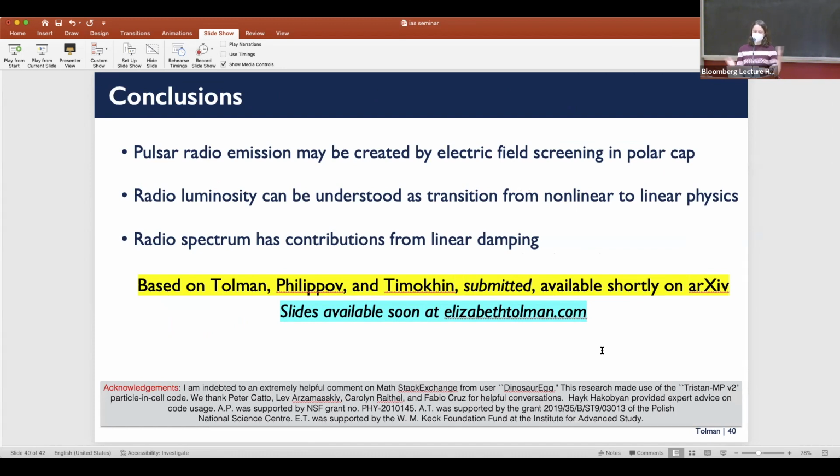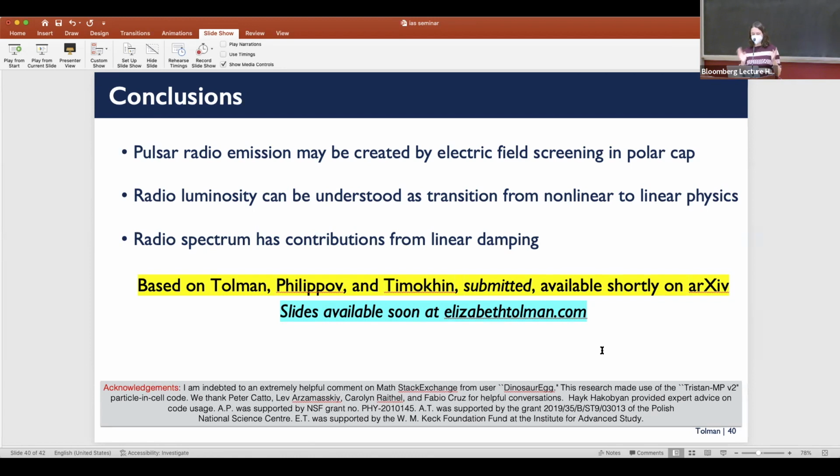So basically, to recap what we've gone through, we've discussed how pulsar radio emission is a thing that's been known about for a very long time, but people still have a lot of questions about it. A couple of the things that they're interested in understanding is the radio luminosity and the radio spectrum. To understand these aspects, you have to know how the radio emission is generated. We discussed how it might be created by electric field screening in the polar cap of the pulsar.